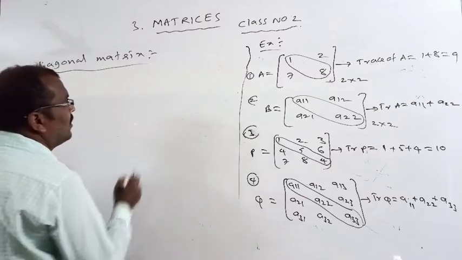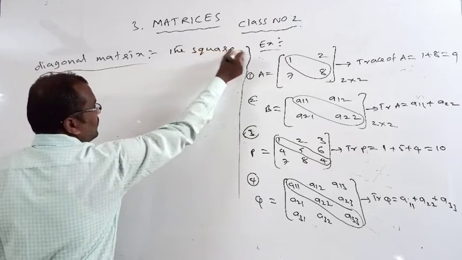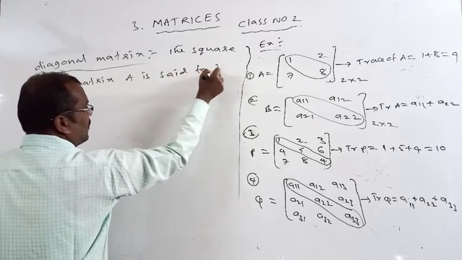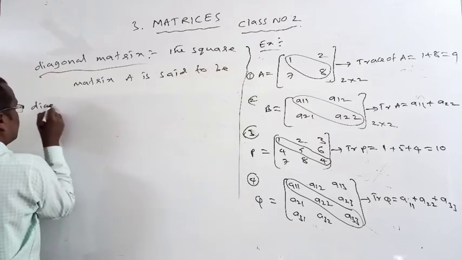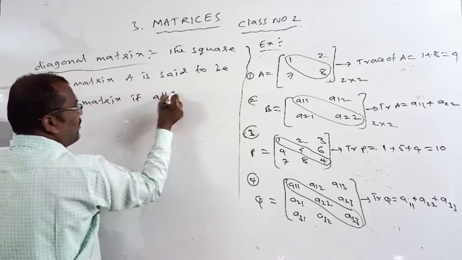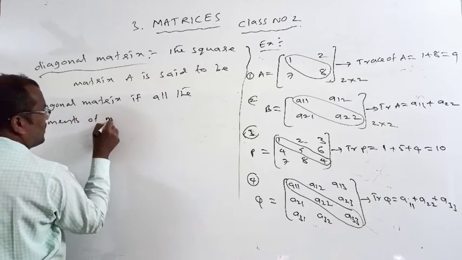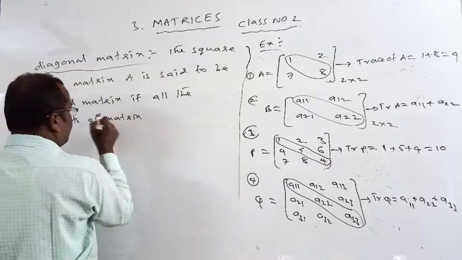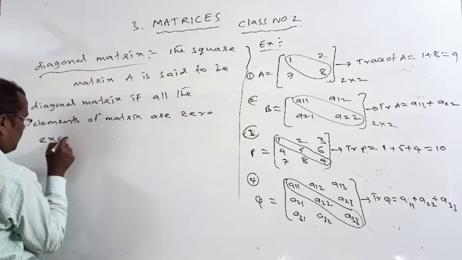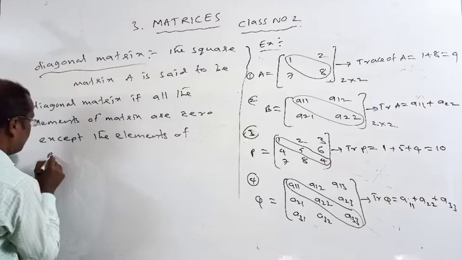So see this one. A square matrix A is said to be a diagonal matrix if all the elements of the matrix are 0 except the elements of the principal diagonal.